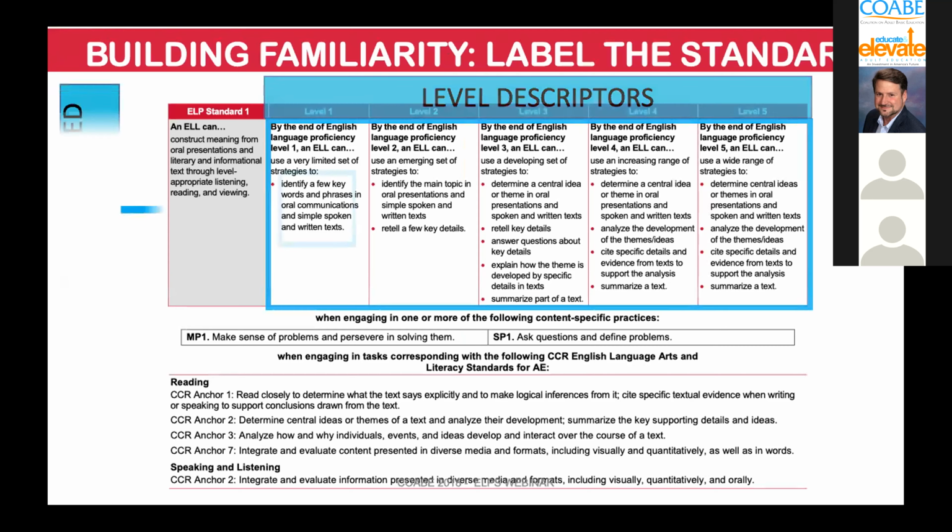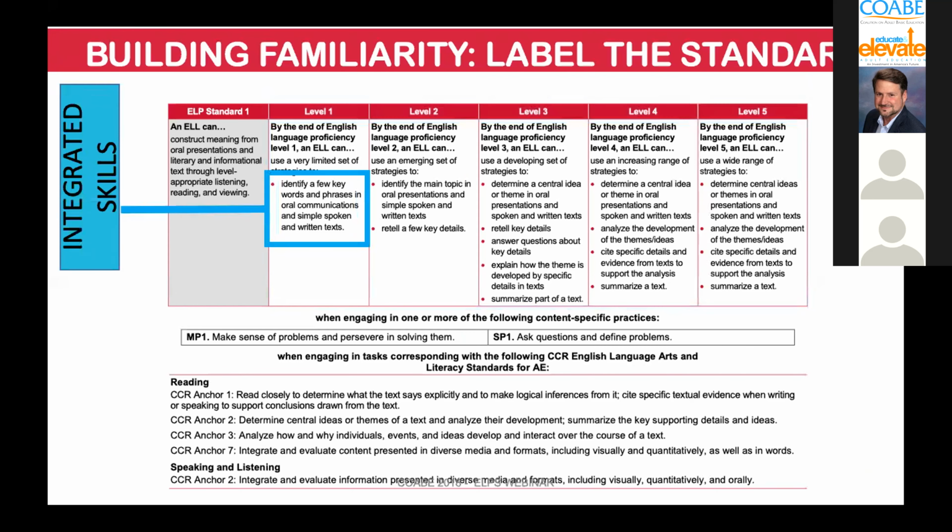The next section, I just wanted to mention, unlike the CCRS, the ELPS integrates the skills within each standard. So you see here oral communication and simple spoken and written text. So the English Language Proficiency Standards are different in that they integrate the skills.